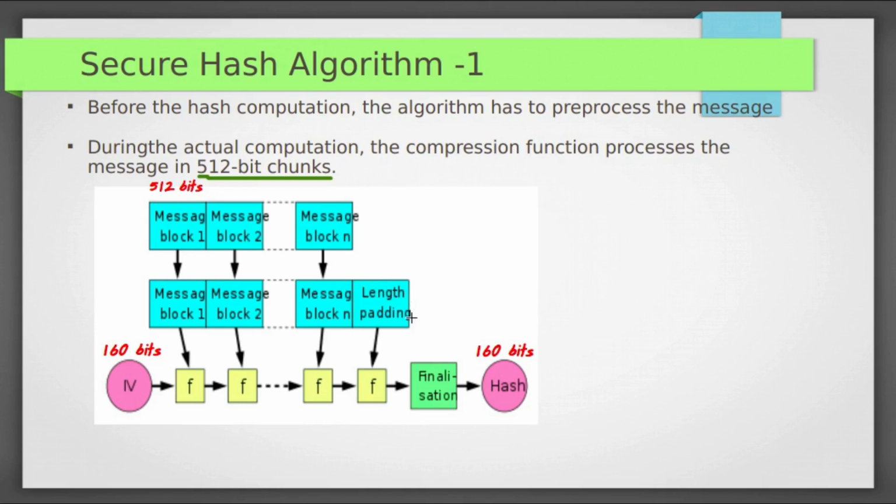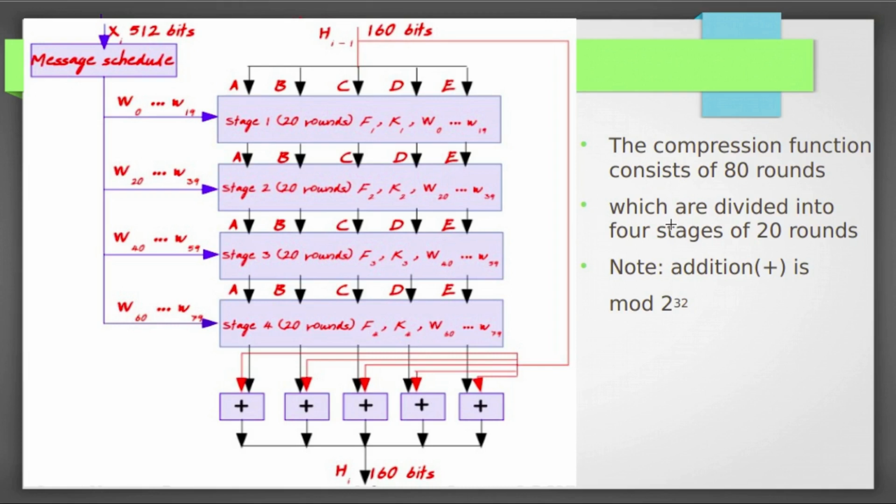The last block will be appended with padding to make it 512 bits. The output length of SHA1 will be 160 bits. The IV is also 160 bit. This compression function consists of 80 rounds. The 80 rounds are divided into 4 stages of 20 rounds each.